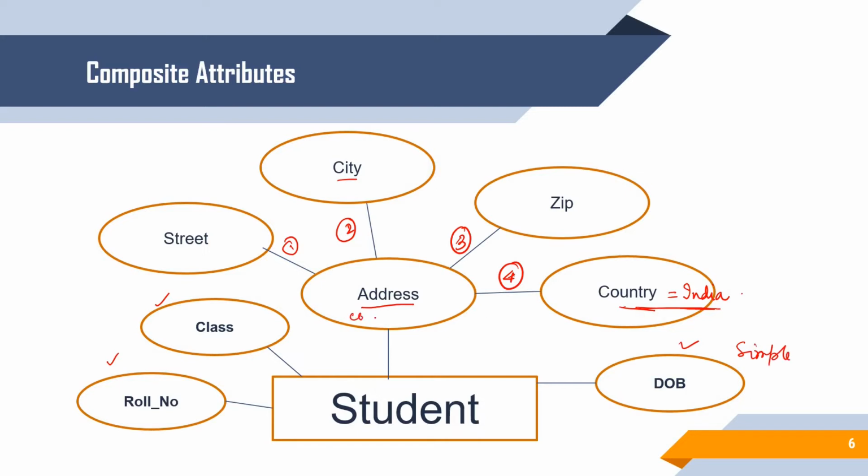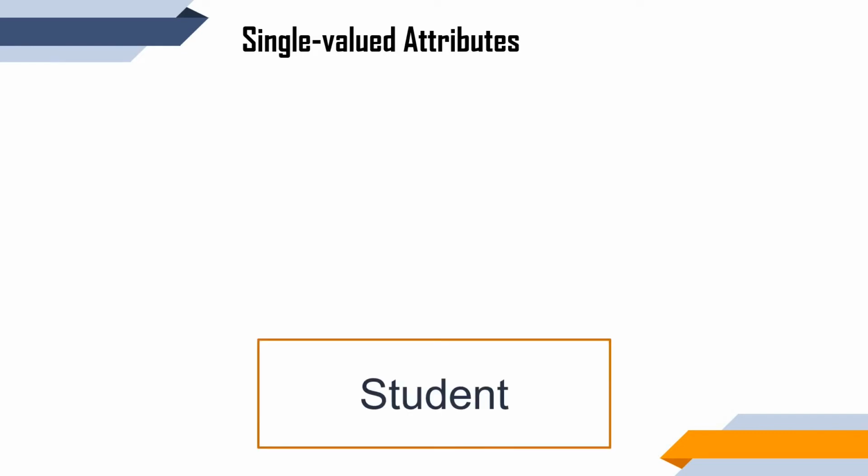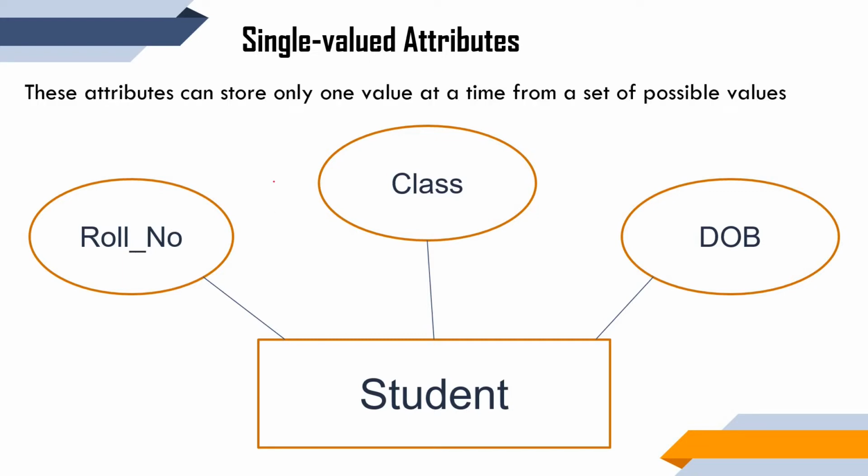Understood? Now we will see what is a single valued and what is a multi-valued attribute. What is a single valued attribute? Let's take the same student entity. I have already discussed that roll number, class, date of birth are simple attributes. These attributes have another feature: they can store only one value at a time from a set of possible values. They are single valued as well, because they contain one and only one value.